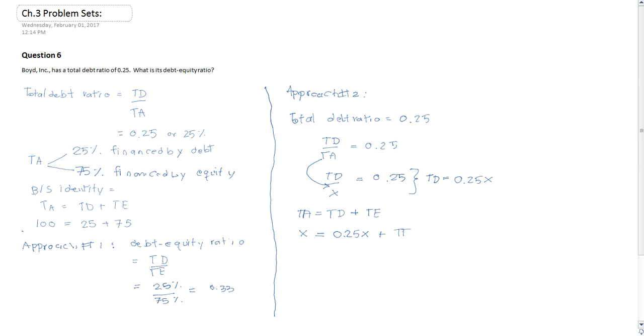Then we can now find total equity. So you simply rearrange the equation and from algebra you get total equity equal to x minus 0.25x. And that gives us total equity equal to 0.75x. Okay, now another step. Go back to the equation to find debt to equity ratio.